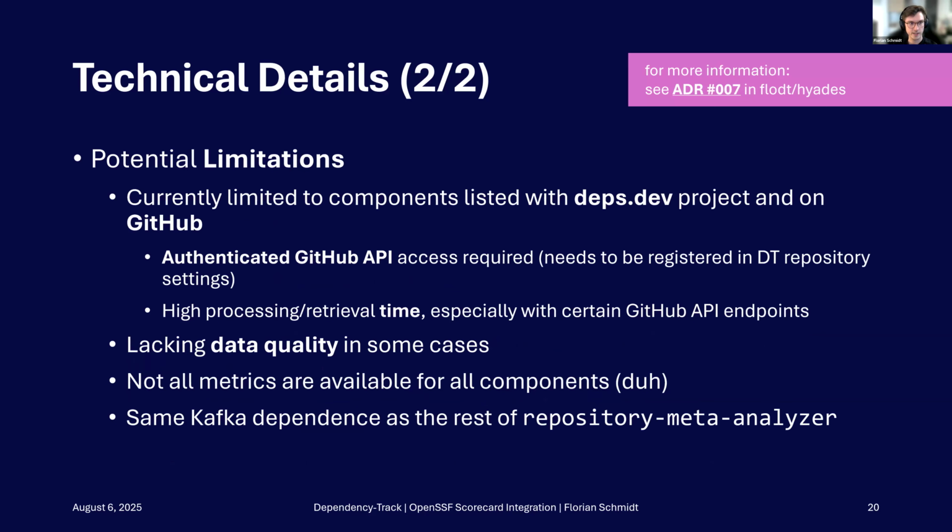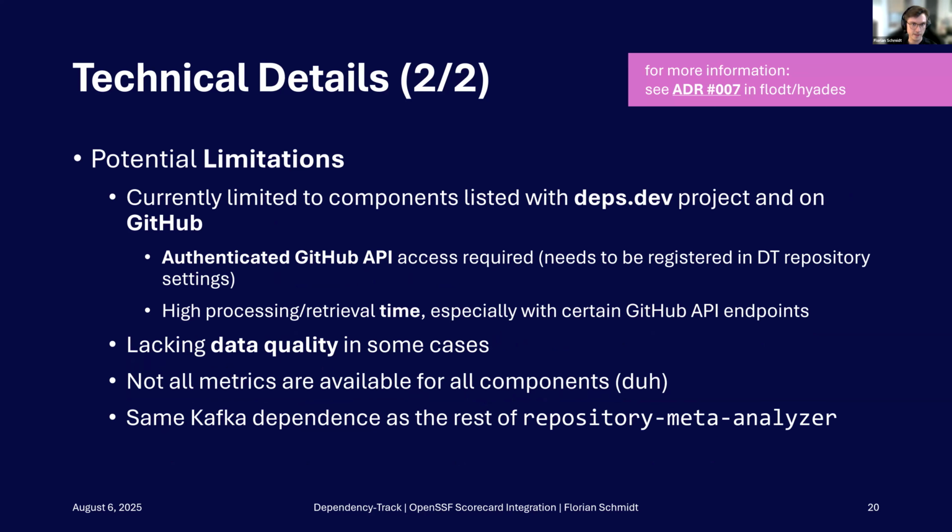Now, page 2. Potential limitations. Of course, there are also some. Currently, this implementation is limited to components that are listed with DepStef as a central mirror for all of this data and that are on GitHub. Furthermore, you would need authenticated API access for accessing the GitHub API.